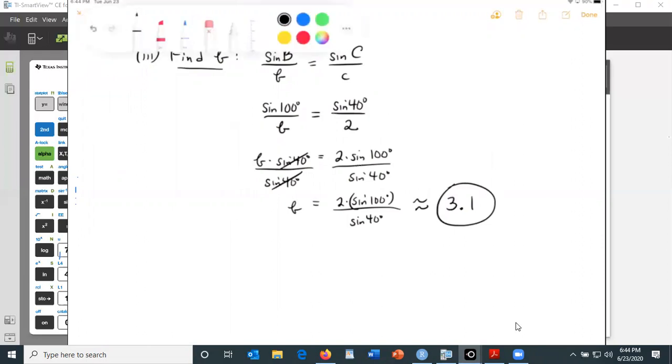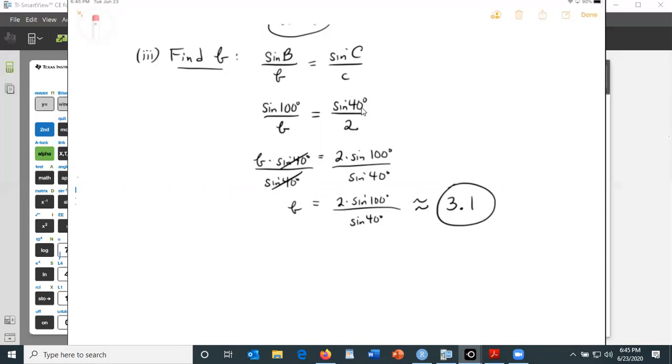In case you're wondering, I use parentheses here in the last step. You don't have to do that. Sometimes I do that just as a reminder that a number like sine of 100 is its own number. You can't mix it with anything. So like that 2 there, you can't make this 200 degrees by multiplying. The sine of 100 is a completely separate number. That 100 is part of the sine ratio, so you can't bring in other numbers.